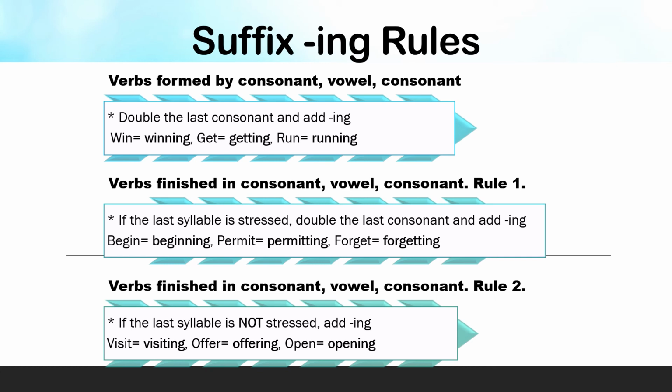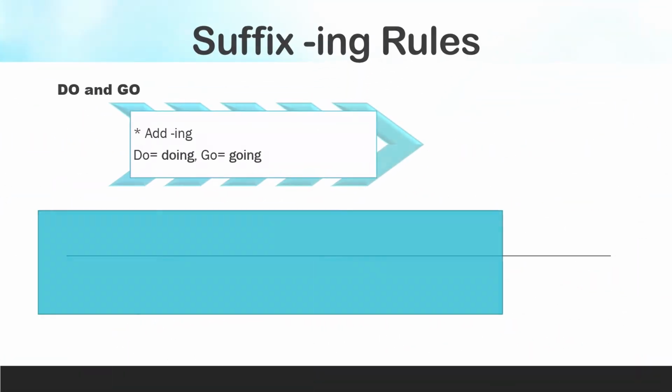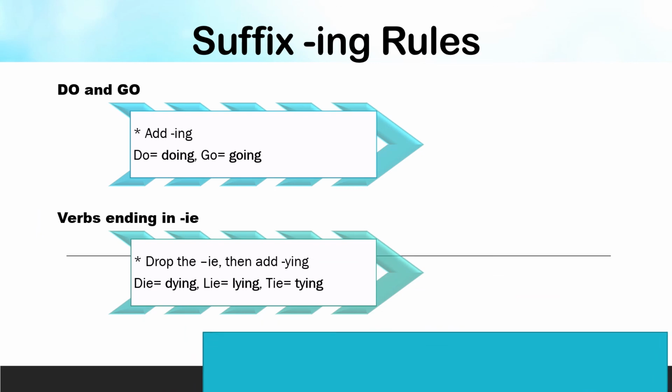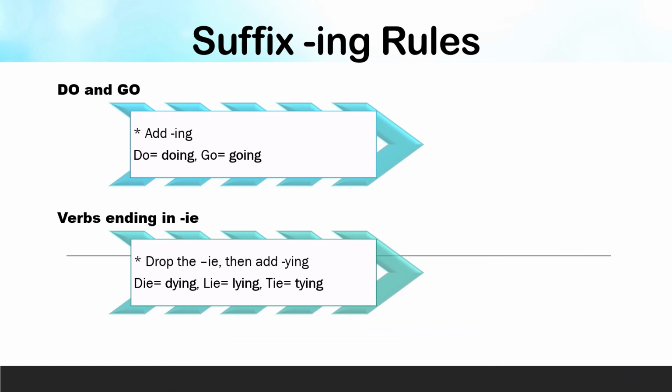And finally, let's study the last set of rules. What happens with do and go? Nothing big, just add ing. So it changes from do to doing and from go to going. And what happens with the verbs that end in ie?